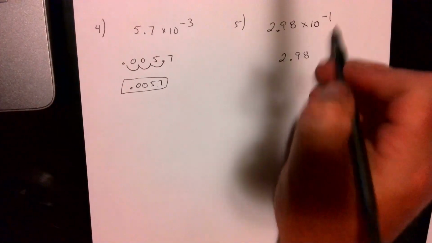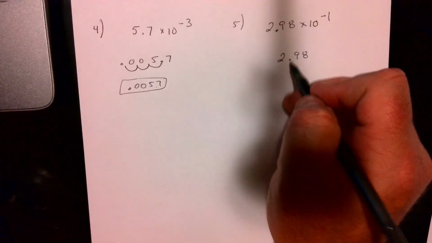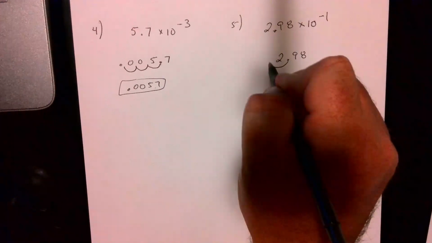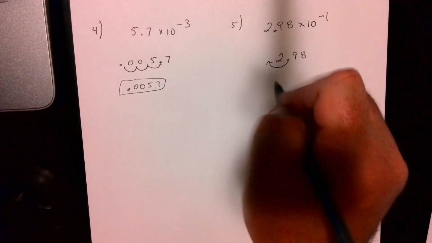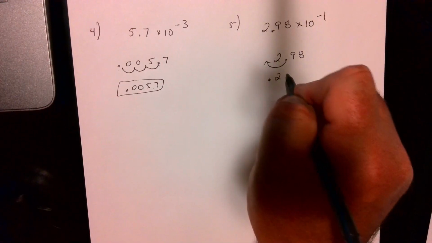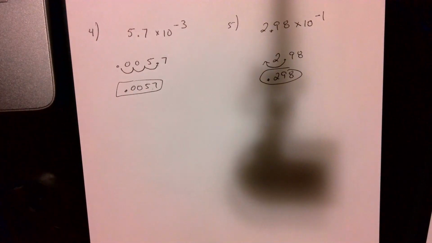That's where we're going to start. And it's small because it's negative, so we're not going to move it to the right. We're going to move it to the left, make it smaller, but we're only going over once. That's where your decimal goes. There's nowhere to add zeros. Just make sure you put your decimal there. So decimal 298. That's it.